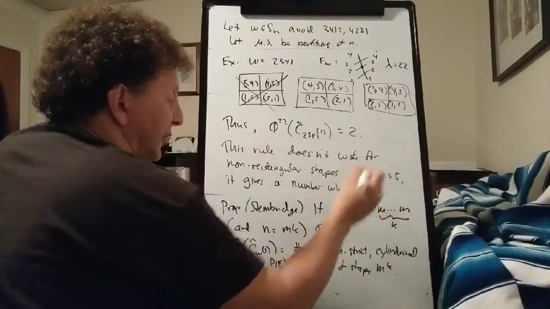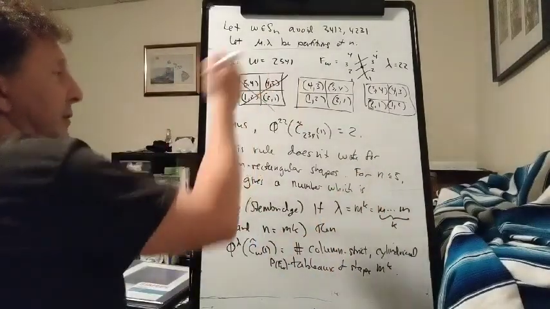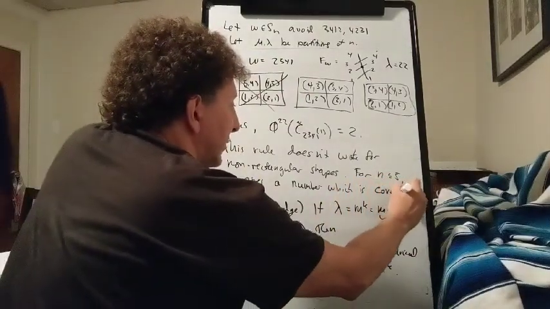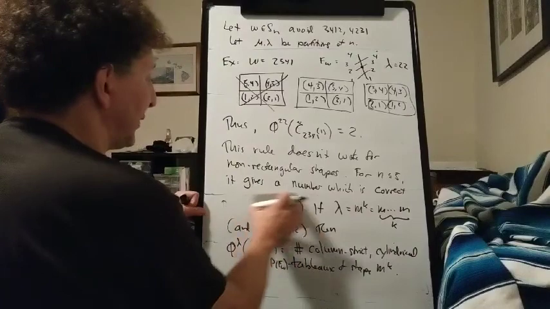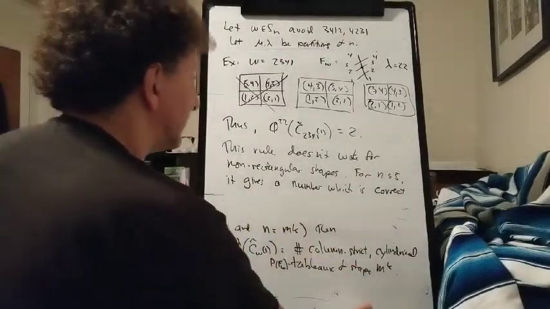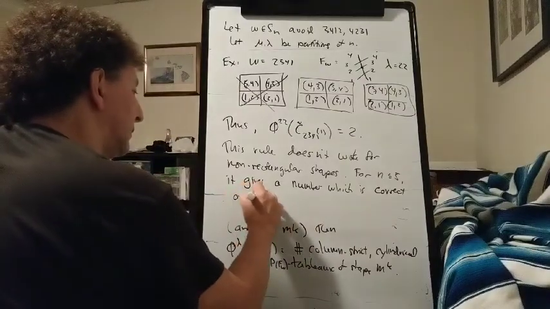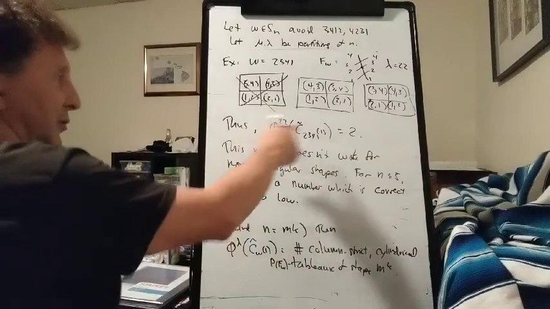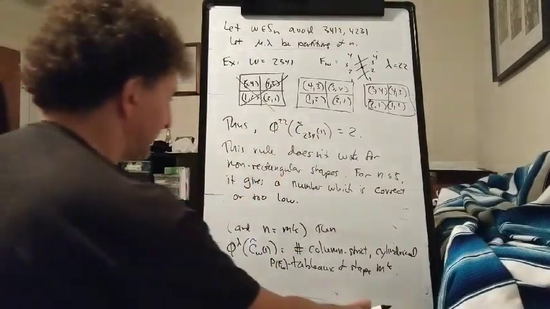Well, sometimes it's actually correct, but for instance, when we have a rectangular shape, it's going to be correct. So it's either correct or too low. So it's less than or equal to what we're trying to find an interpretation of.